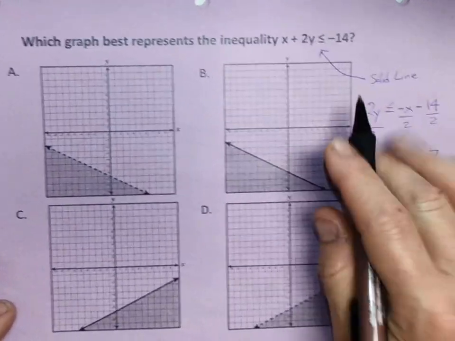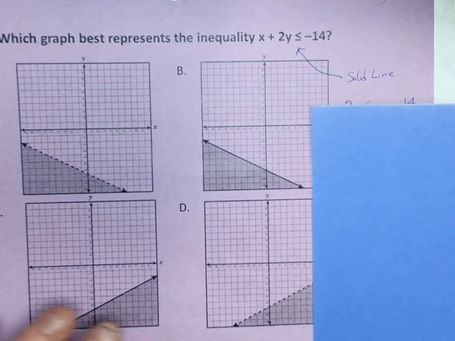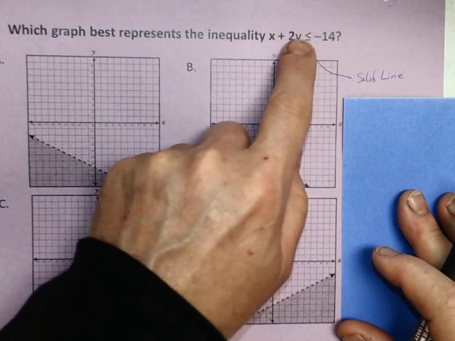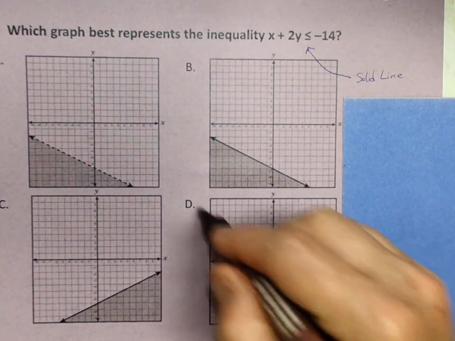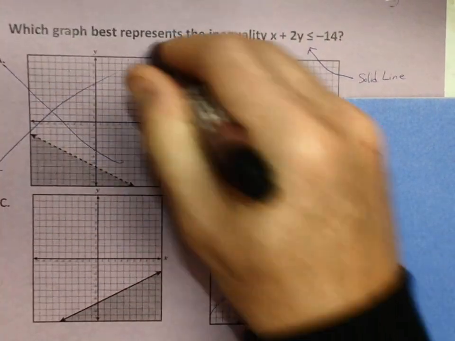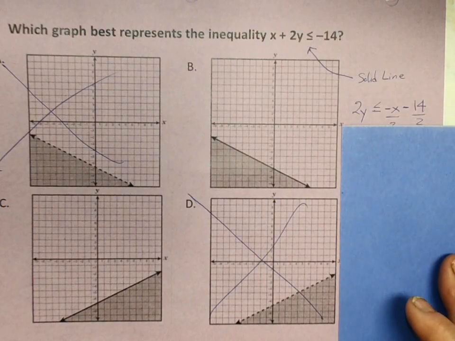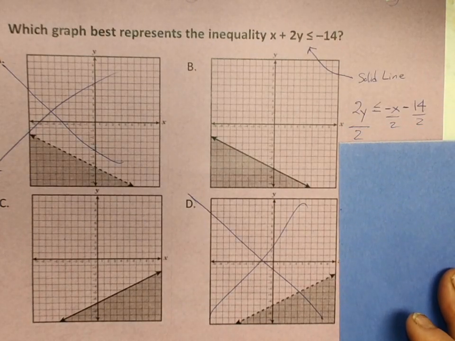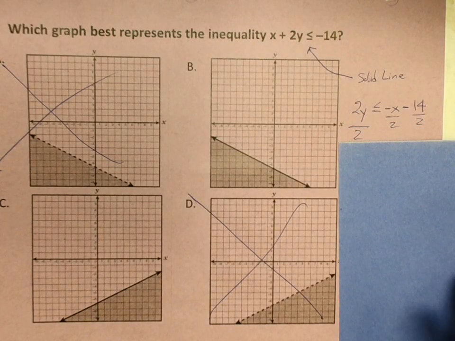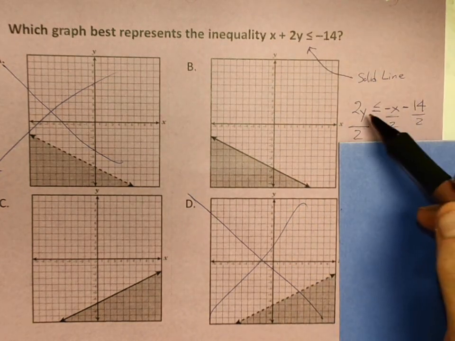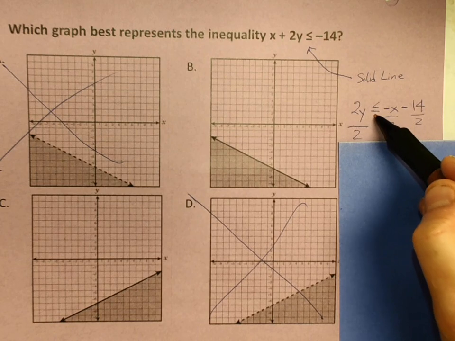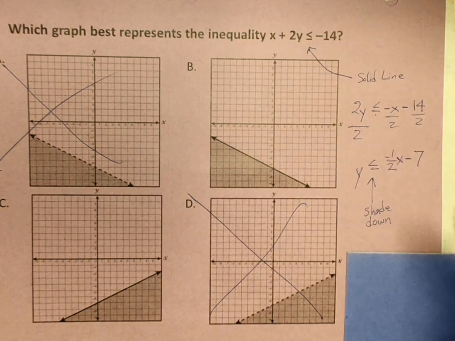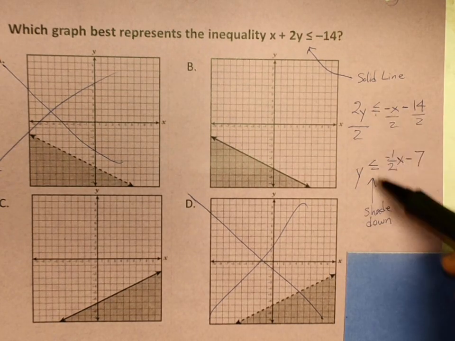On this one, I start looking at the problem and I notice, hey, this is less than or equal to, so it's going to be a solid line, so we can get rid of those that don't have solid lines. I start solving for y. I'm going to subtract x from both sides and divide by 2. Dividing by 2 will not change that, so I am going to keep my less than symbol.